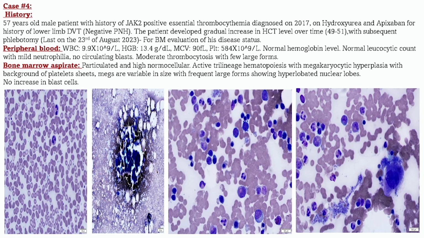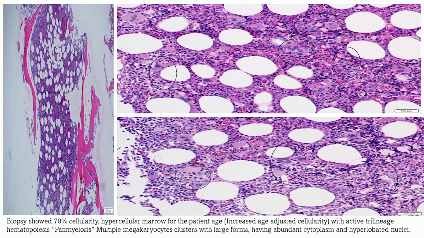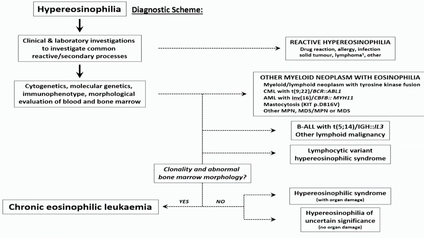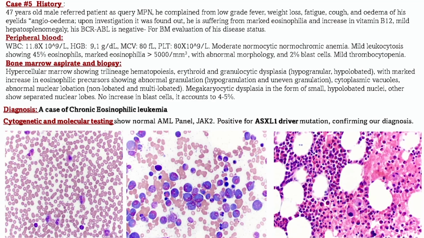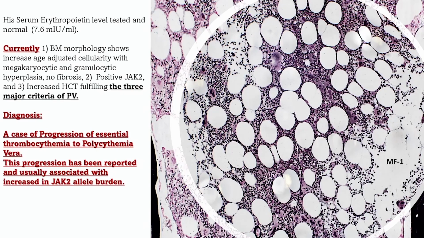The megakaryocytes have to be large, variable, hyperlobated, cloud-like, as if it is an onion. So this is the characteristic picture of a megakaryocyte. As you can see here, a lot of megakaryocytes can be seen.